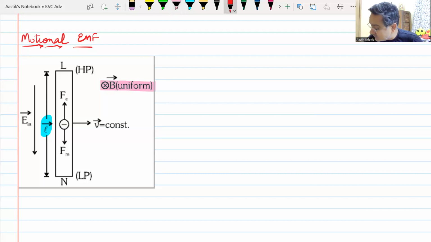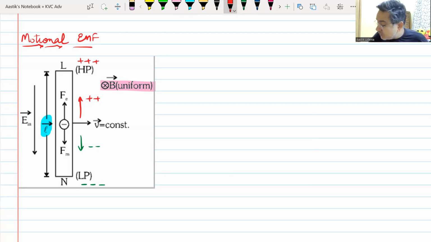Do we understand this? Yes. The positive charges are moving upwards, whereas the negative charges are moving downwards. So the negative charge will go and deposit on the lower end, and the positive charge will go and deposit on the upper end. Do we understand this?